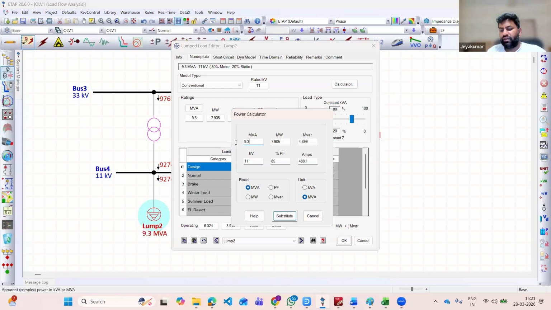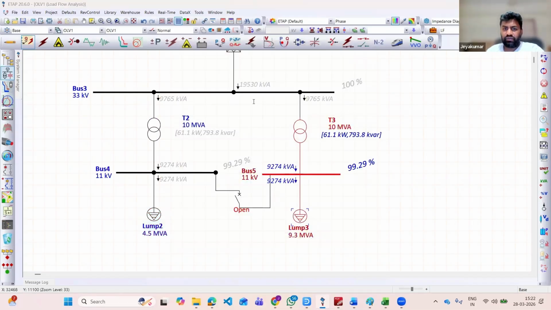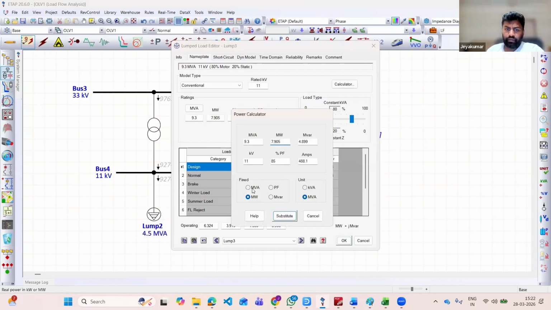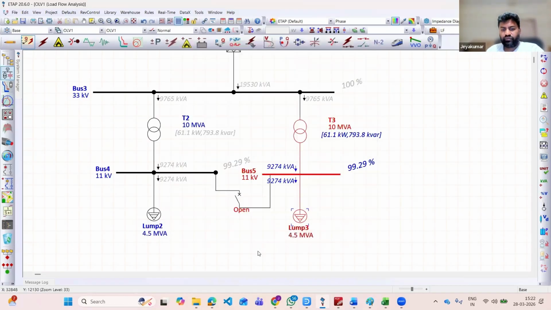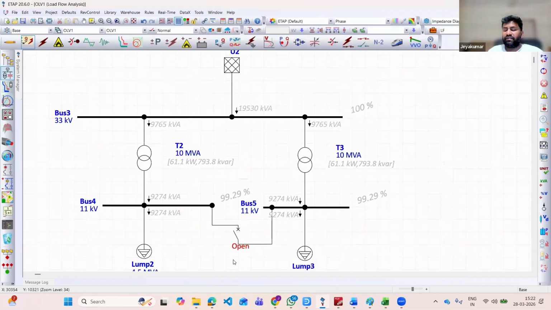By default, normally it will be half of the loads, right? Here also normally half of the loads. You can keep it like that. So half of the loads, correct?